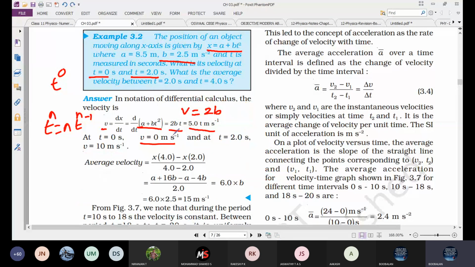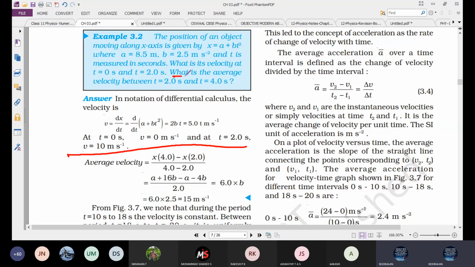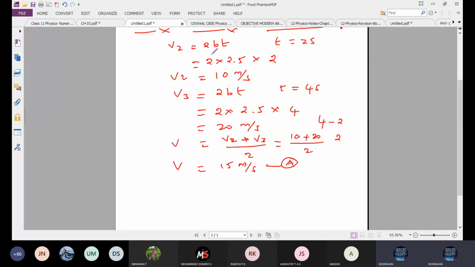Listen, now they are asking the average velocity. What is the average velocity between 2 seconds and 4 seconds? This is the question. For these steps alone, we go for this method. It is easy for you. V2 formula, velocity formula 2bt. T value 2 seconds.